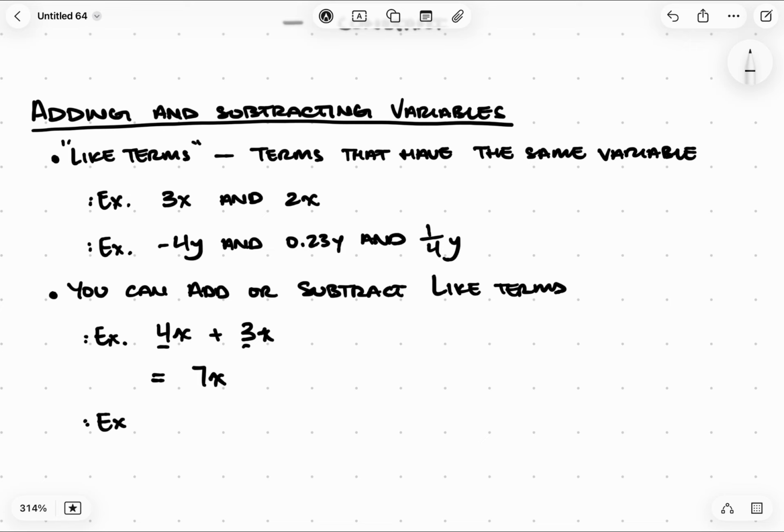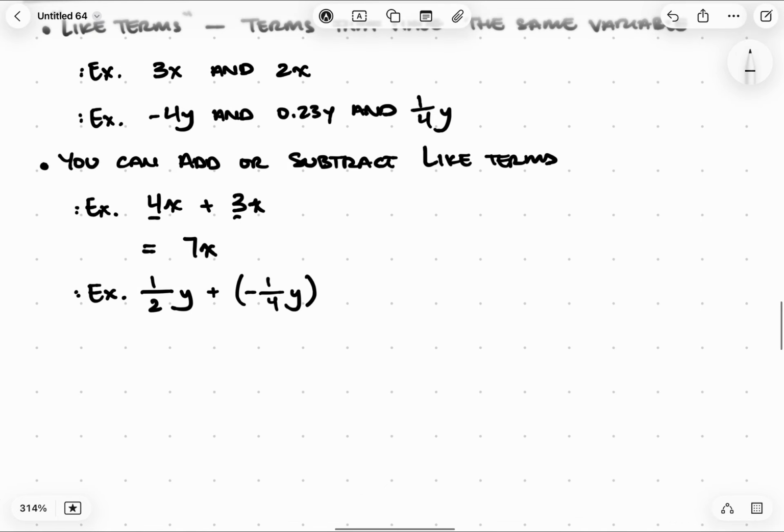Now, what if I had a fraction, right? And I'm going to add a negative as well. So 1/2 y plus negative 1/4 y. If I take a look at this, I see that the y's are the same.